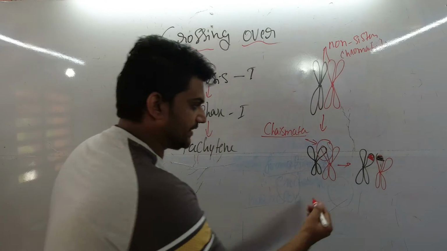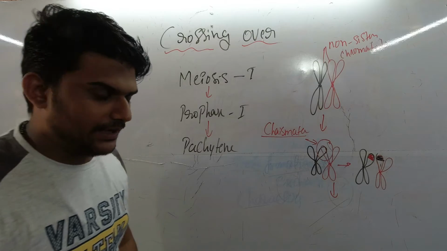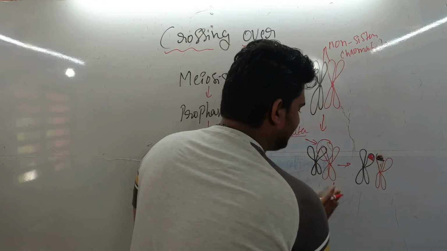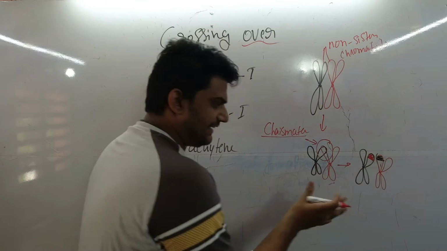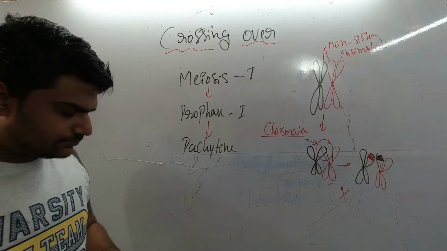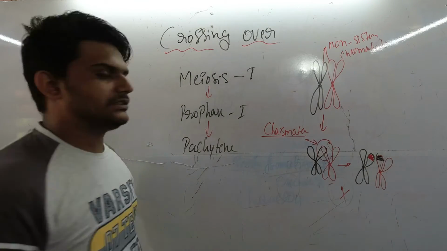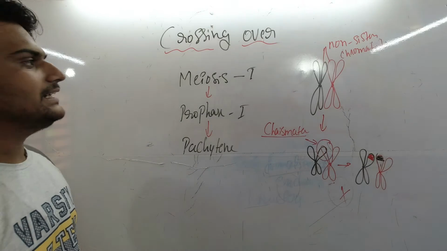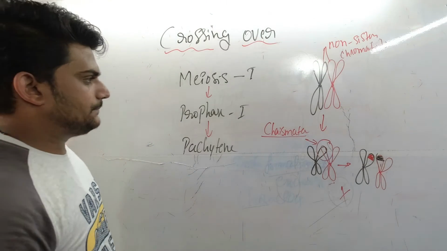At the end of prophase 1, they will be very near to each other and form an X-shaped structure. That is the continuation of chiasmata at the end of prophase 1.